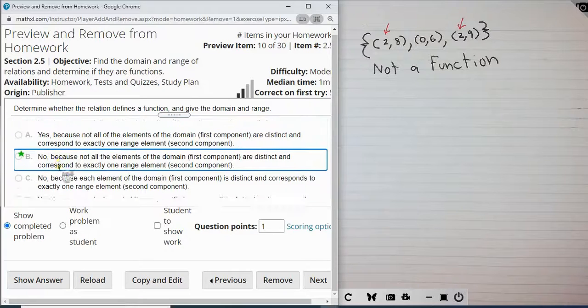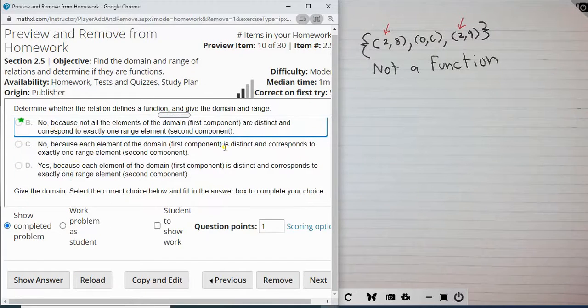So what I've got to do is look at these no's and apply the true definition of a function. I've got to read carefully here. Notice I've kept the indication from the computer system that B is the correct answer. But let's ask ourselves, why is C, the other no selection, incorrect?